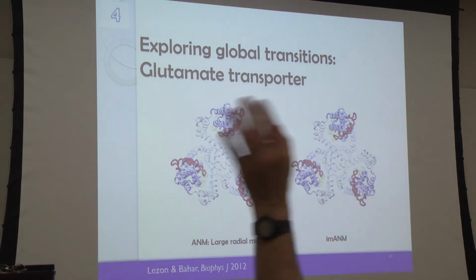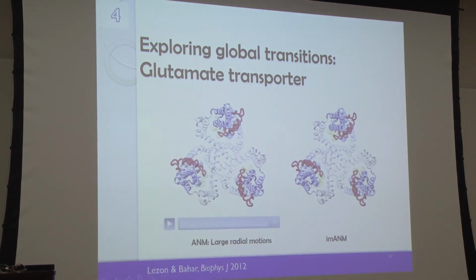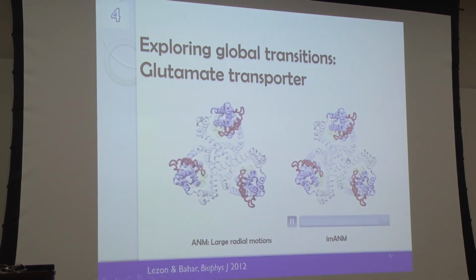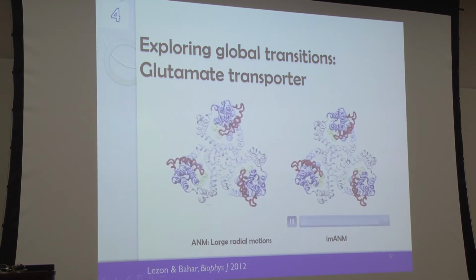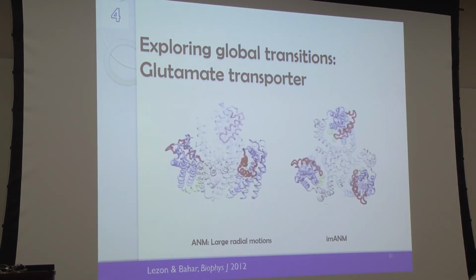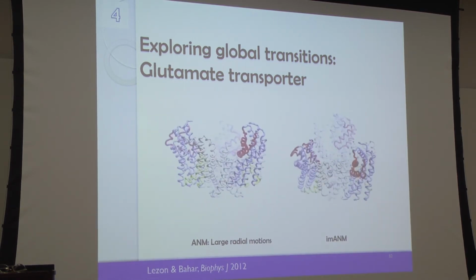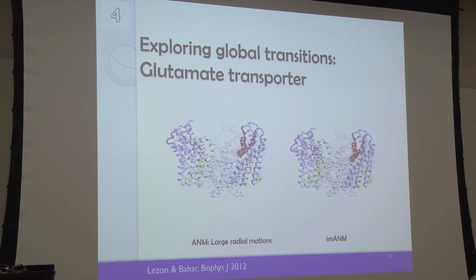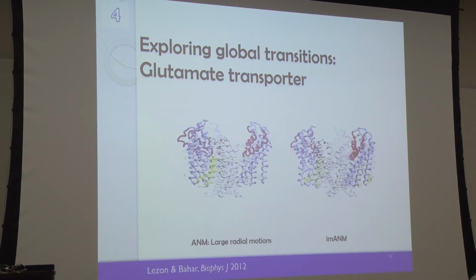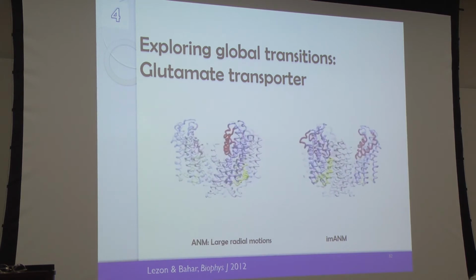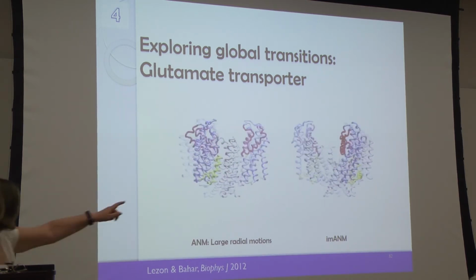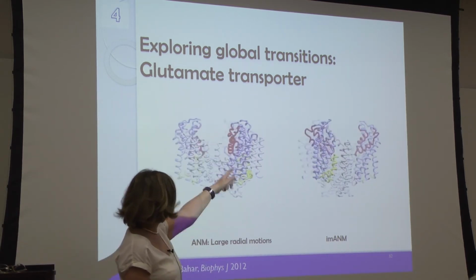So you want to see again? Let's see both of them while I'm answering Steve's question. Unfortunately, they are not. All right. So you can compare now. They are similar, but that one really undergoes larger up and down movements.